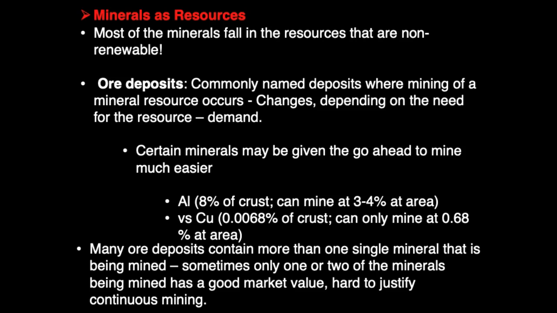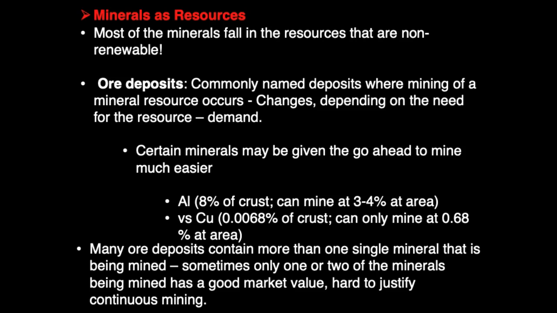Another example is aluminum, which can be mined as long as there are 3 to 4% of it in the specific concentration of rock that you're looking at. But as we saw earlier, aluminum is one of the elements that are most common in the crust, and it makes up 8% of the crust. So in truth, you only need so little of it in comparison to how much there is in the crust.